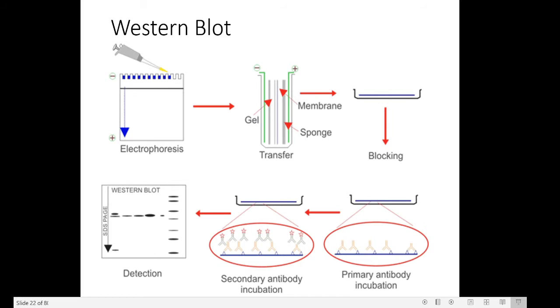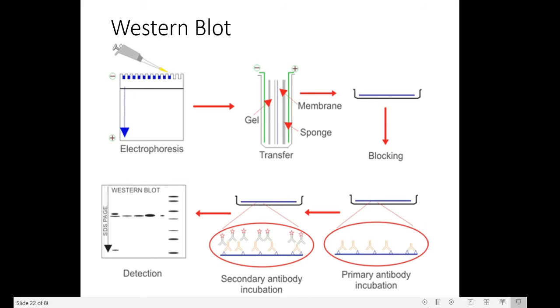In this membrane transfer, the gel is placed in between, with membranes placed on the top and bottom of the gel. Then we place the sponge. Why do we do this?